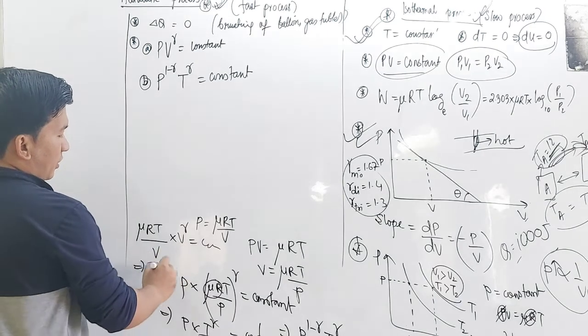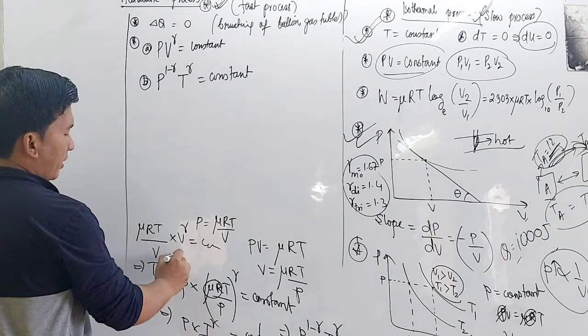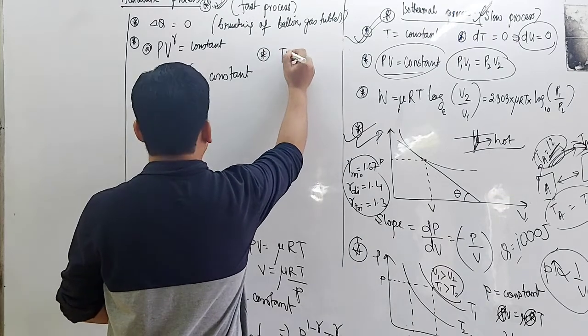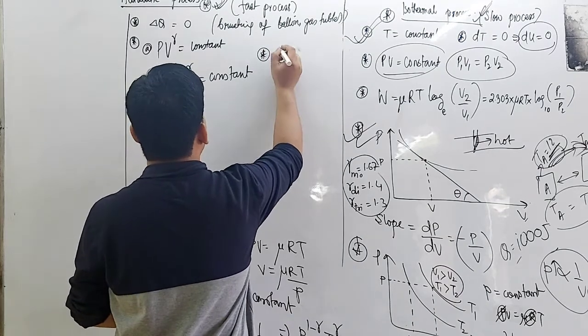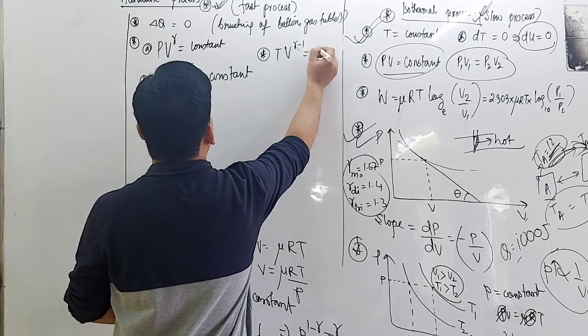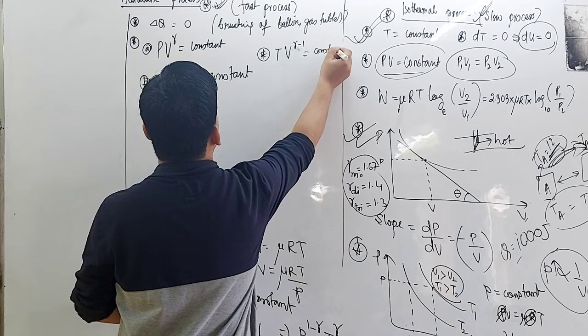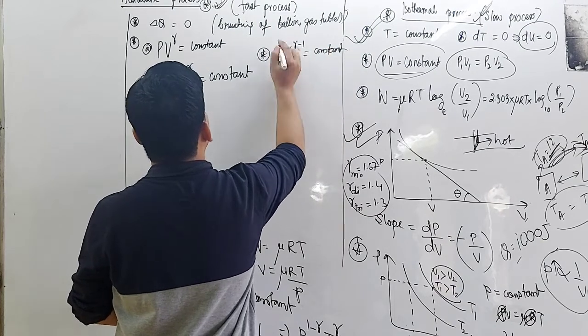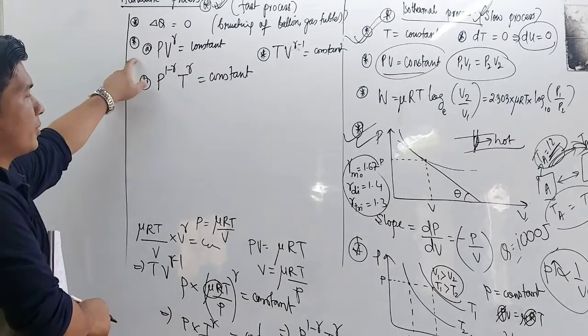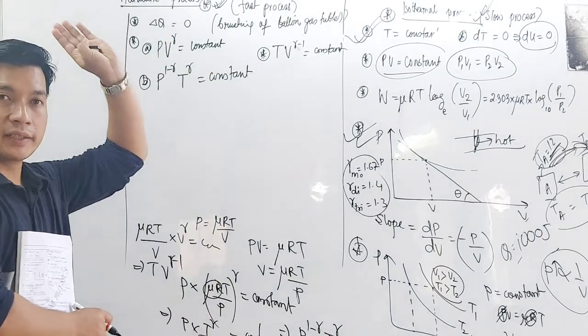This is T V to the power gamma minus 1. Therefore, our third equation will be temperature times volume raised to power gamma minus 1 equal to constant. So you have to remember these three steps. Understood?